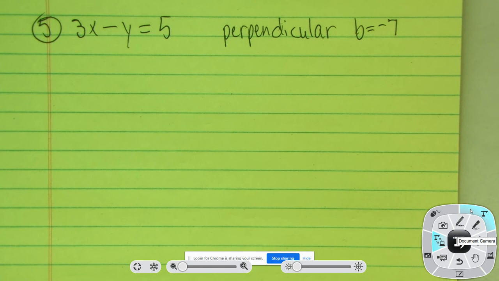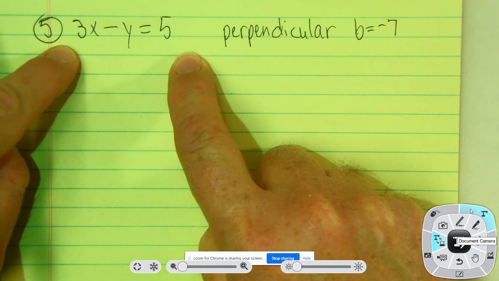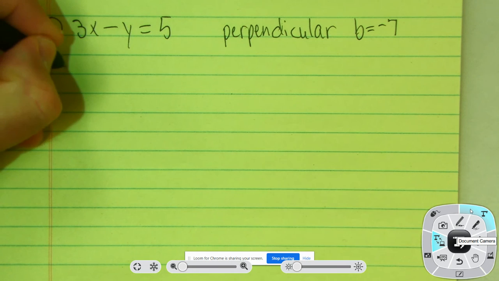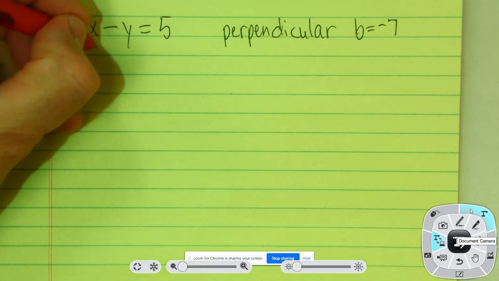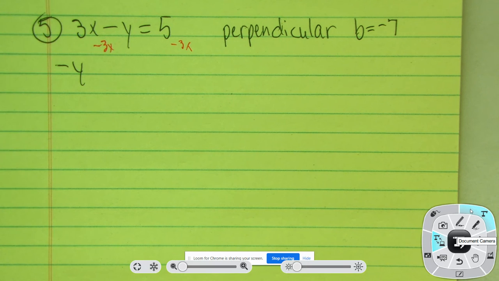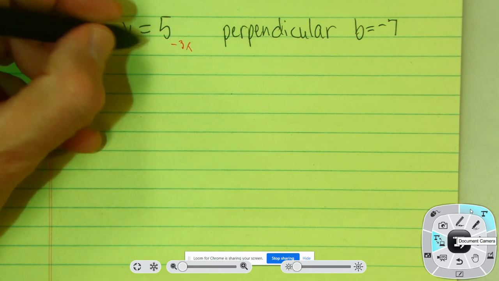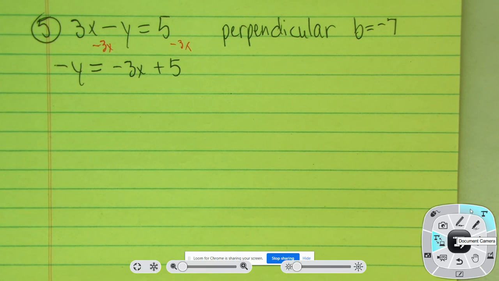So the first thing I need to do is to find out what is the slope of 3x minus y equals 5. So I know how to do that. It's -y, subtract 3x from both sides. So this becomes equals -3x plus 5. I don't need to have a leading negative here, so I'm going to multiply everything through by -1.